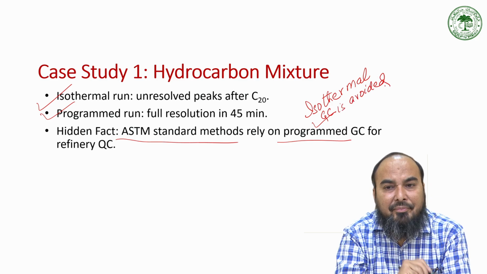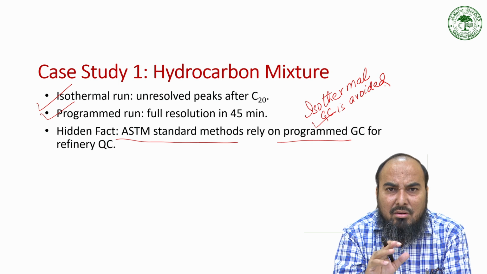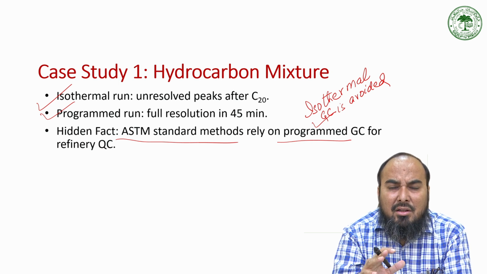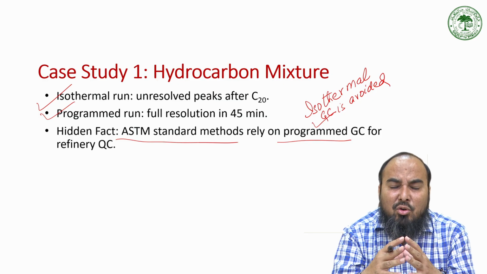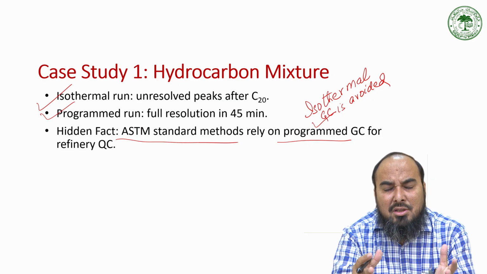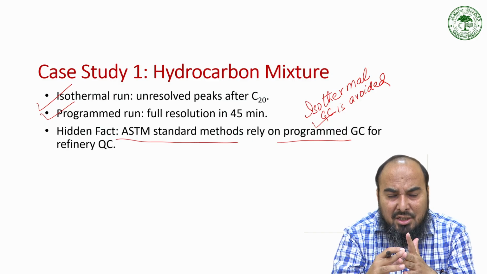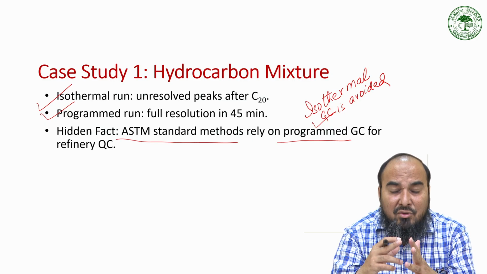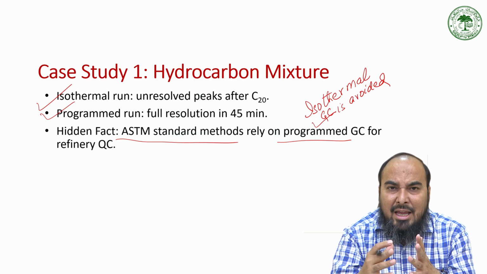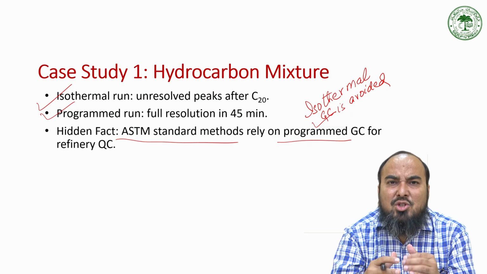Depending upon the requirement, you have to look at how you are going to optimize your different conditions, how you optimize your column with regard to temperature, constant temperature, ramp, and retention time. You have to look on a case-to-case basis.